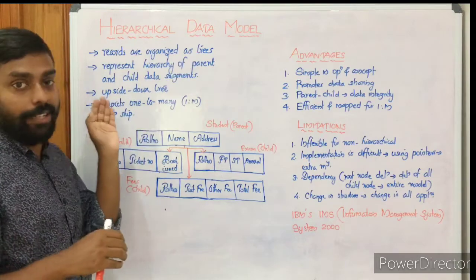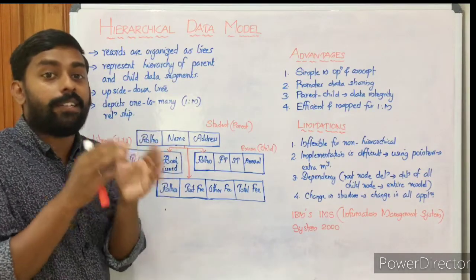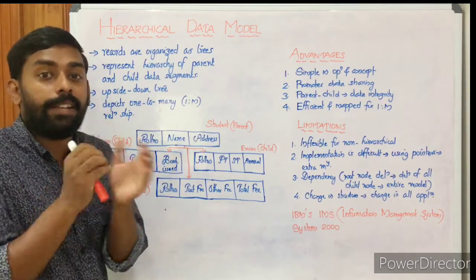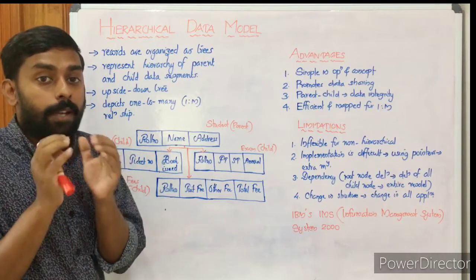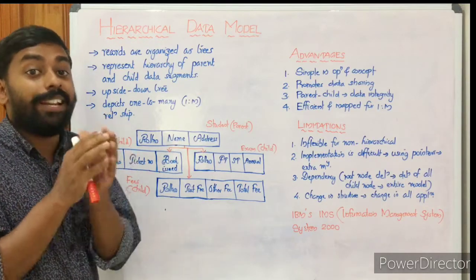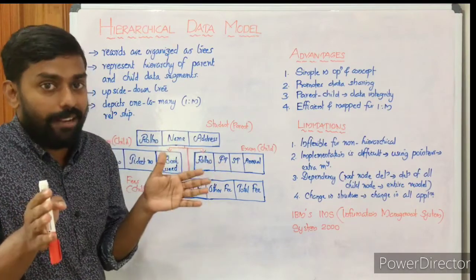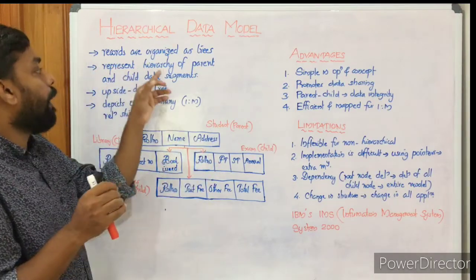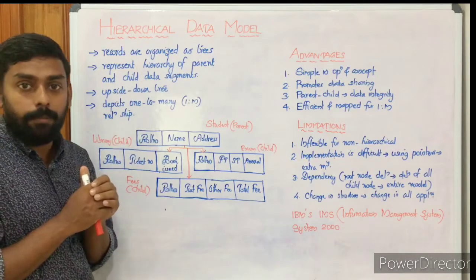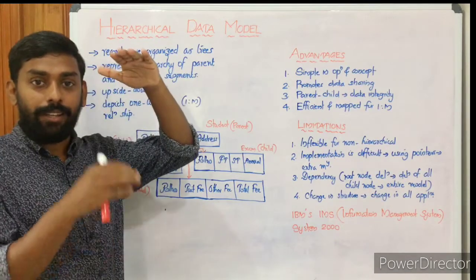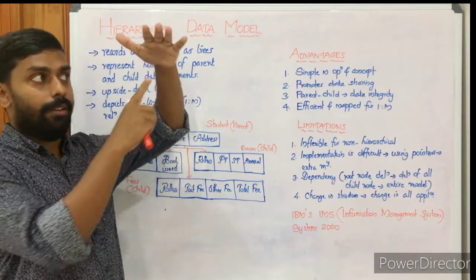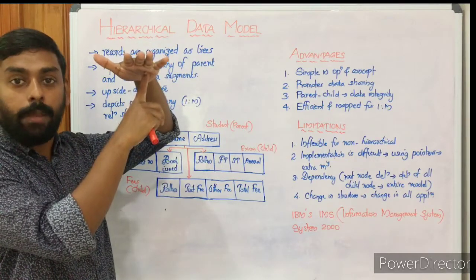Records are organized as trees. Here in hierarchical data model, in a database management system, it uses tree structure for organizing records or organizing data. Then it represents hierarchy of parent and child data segments, meaning in a tree structure, on the top of the tree there will be a root, right?